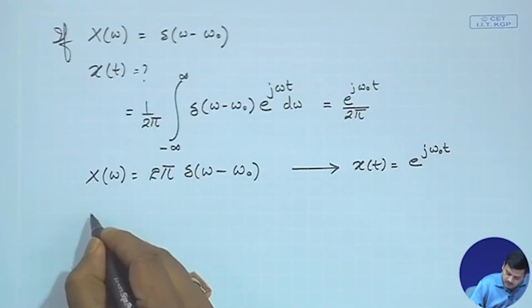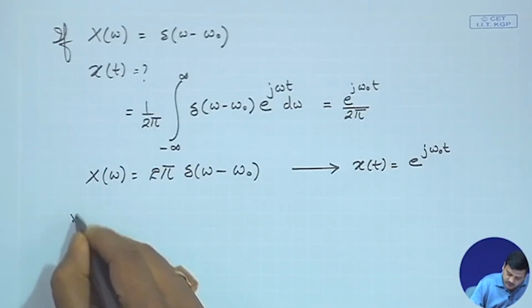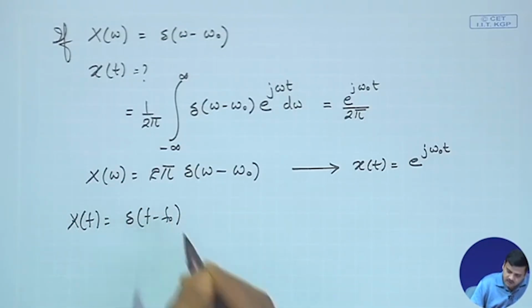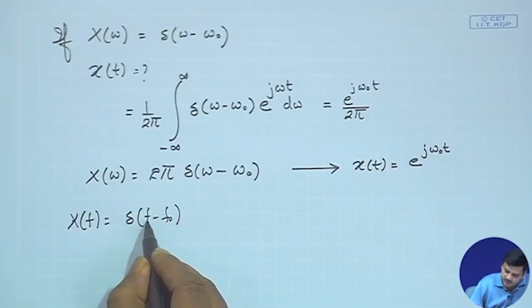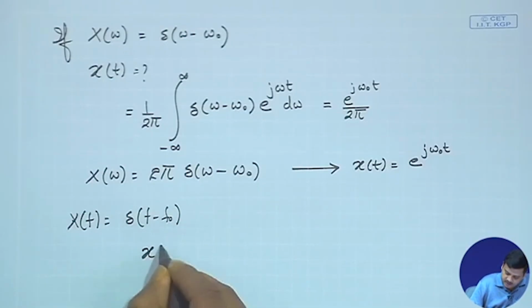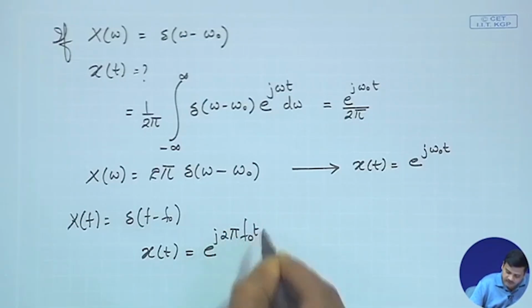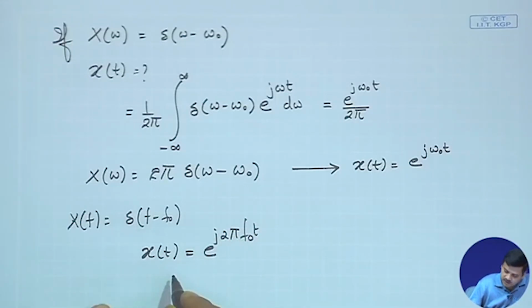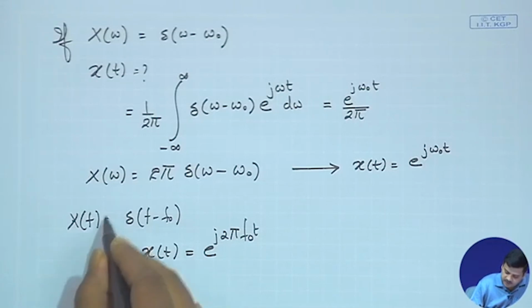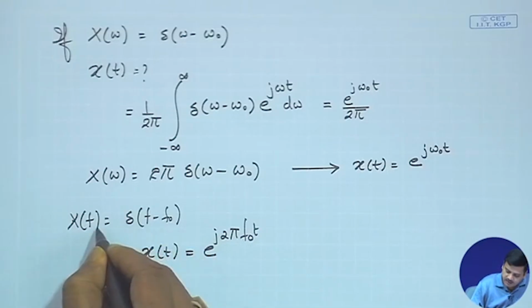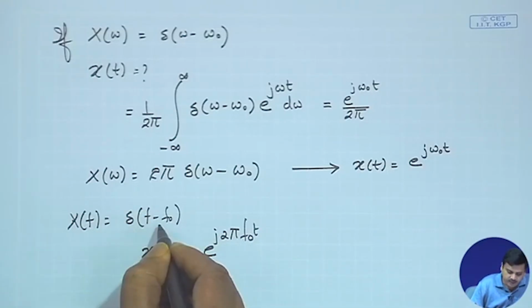Similarly, we could also have, if X of f is equal to delta of f minus f naught, we have already said that omega is equal to 2 pi f. So, if this is the case, then we have x of t is equal to e to the power of j 2 pi f naught t, or in other words we could say that if x of t is e to the power of j 2 pi f naught t, then the Fourier transform of this is delta of f minus f naught.